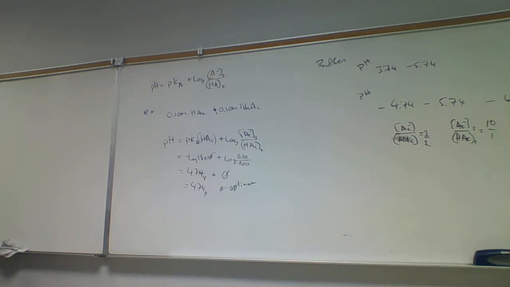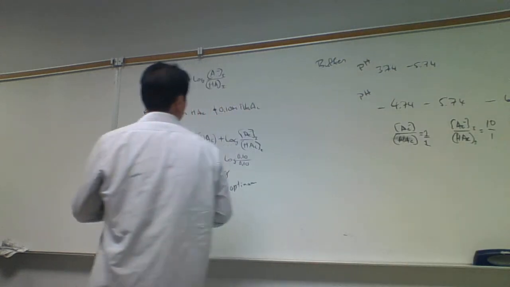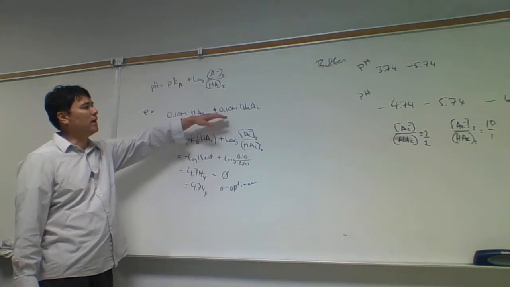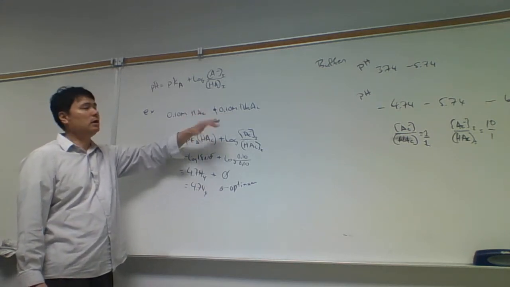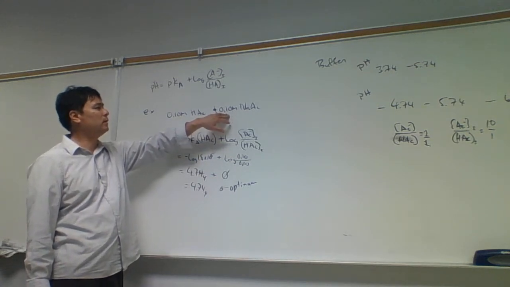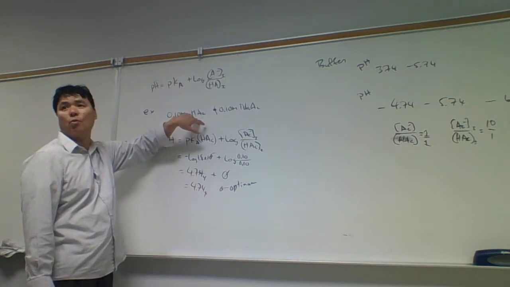And so in this case, we could get all the way up to 6.74 if we have 100 times more acetate than acetic acid. 100 times more means if our acetate were 0.1, then our acetic acid must be 0.001.